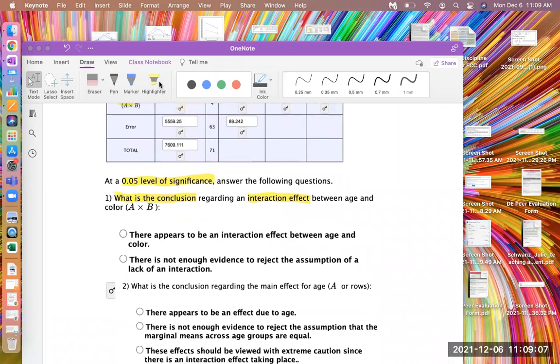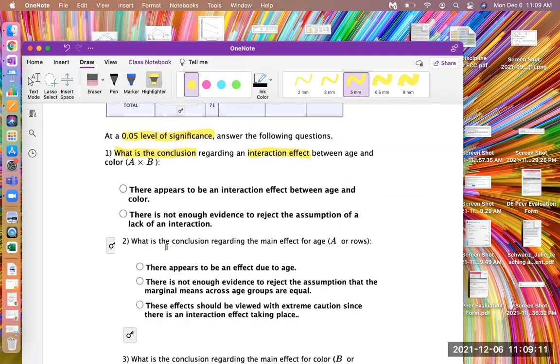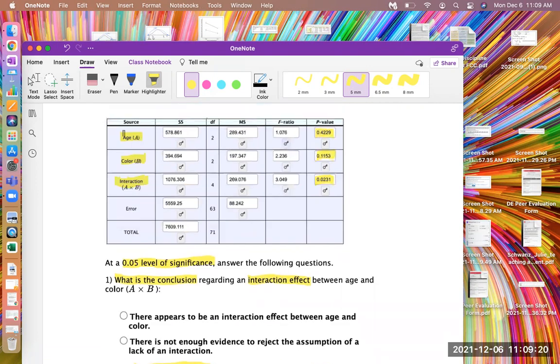The next important piece of information here is, what is the conclusion regarding age? So that means that we're going to look under this row, age, and we're going to look at the p-value for age, and it's 0.42, which is not less than alpha, right?